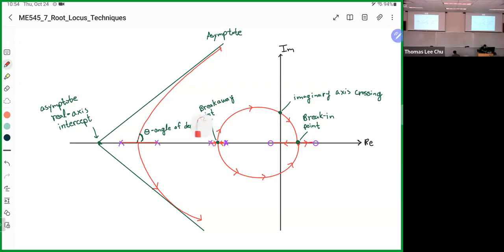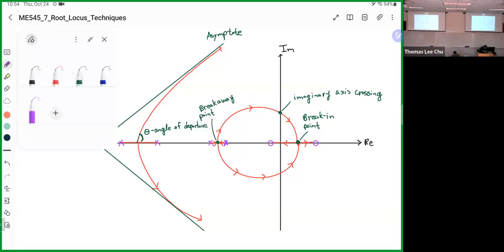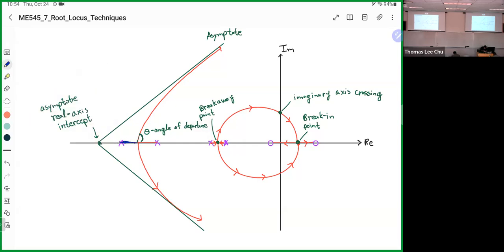And then maybe in blue. This segment here, this segment here, and this segment here are all called real axis segments. Real axis segments are basically where the trajectory is only on the real axis.